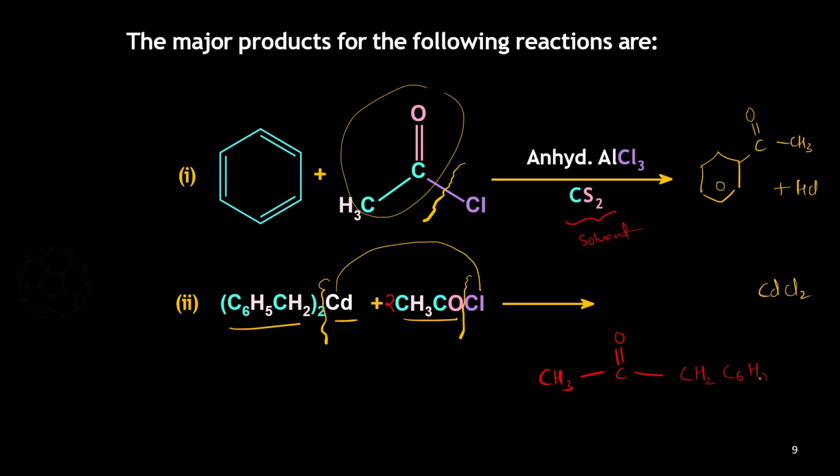You may think, sir, here twice is there. Actually, there are 2 compounds, okay? So suppose it is like this, C6H5, CH2, C6H5, CH2. That will attach to cadmium, like this. So here this will be broken and this part will go and attach here. This part will go and attach to the other one, because here 2 CH3s are there. So one will be this, the other will be the copy of this. Understood? Yes, sir. Okay.